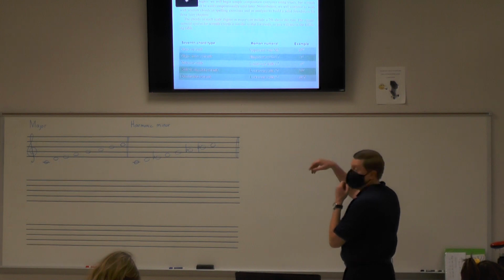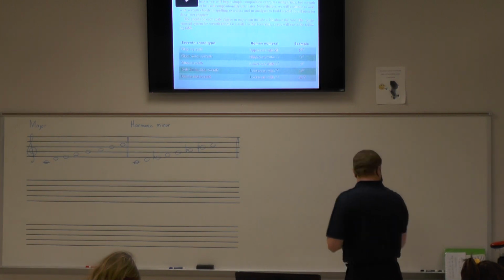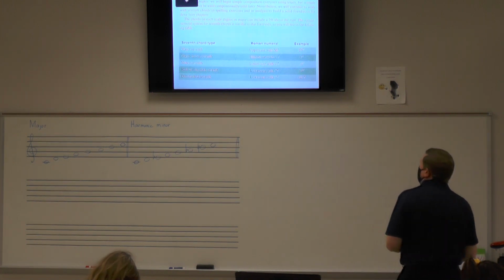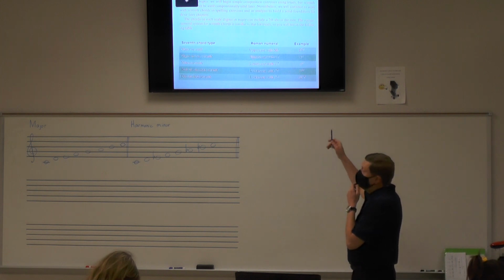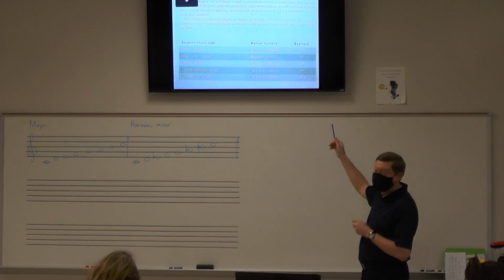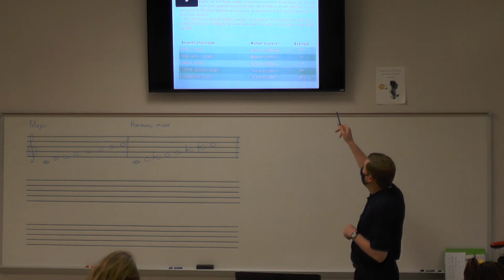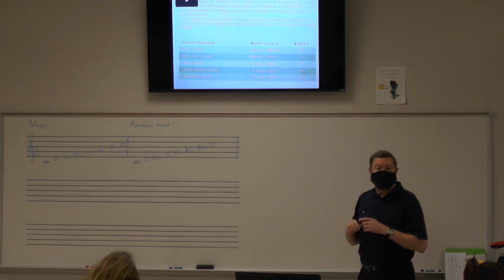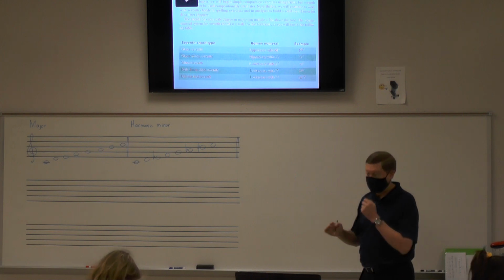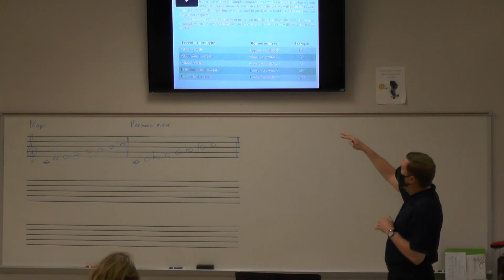A major seventh chord: the Roman numeral is a capital or uppercase Roman numeral, and with that Roman numeral you use a capital M and then the figured bass symbol. Now, in this table, the author has used a 7.